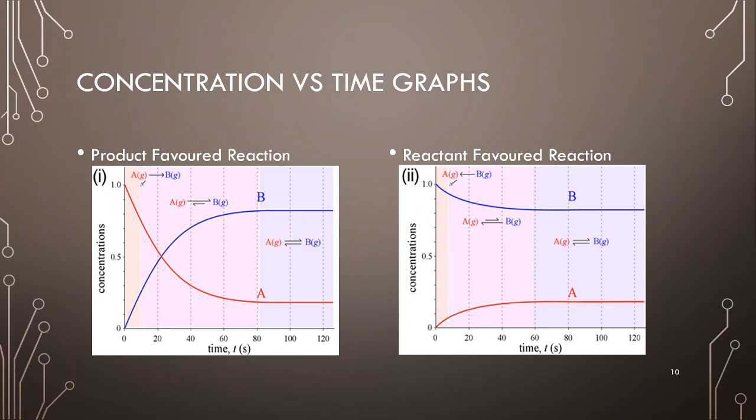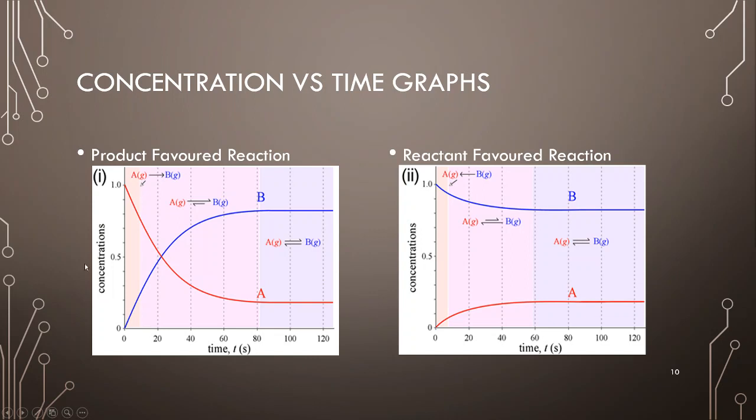Depending on the reaction that you see, sometimes product is favored. Sometimes reactant is favored. Okay, i.e., the backward reaction is favored. Now, in this case of gas A and gas B, in the first graph here, A becoming B seems to be a lot more favored compared to B trying to go back to A. Okay?